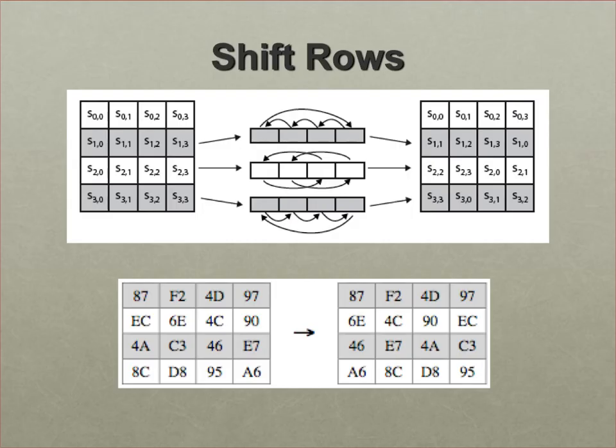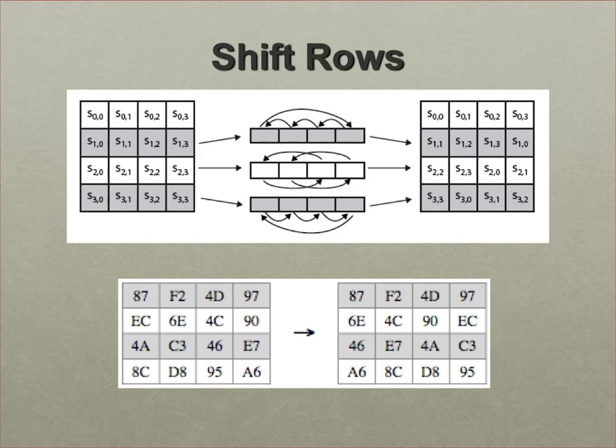This is the shift rows. The shift rows again is a circular shift. Circular shift means that we look at the state matrix and then we take the first row, we don't do anything. Second row, we shift one left. So we shift this here, this here, this here, and this here.